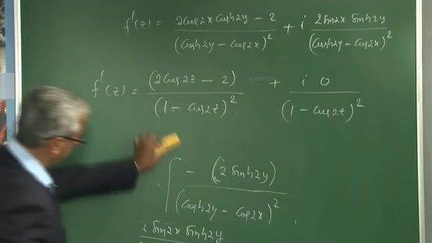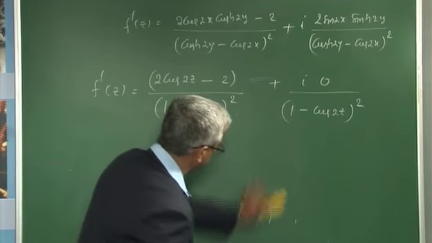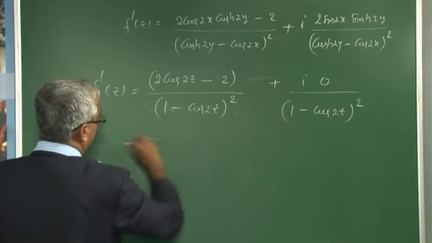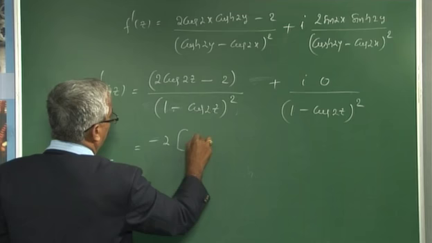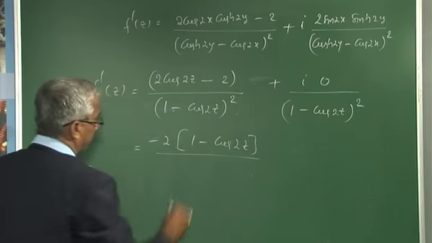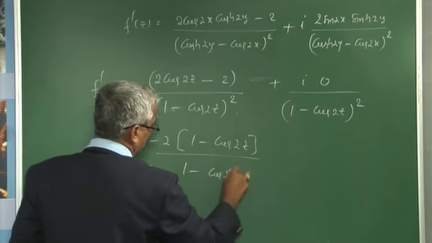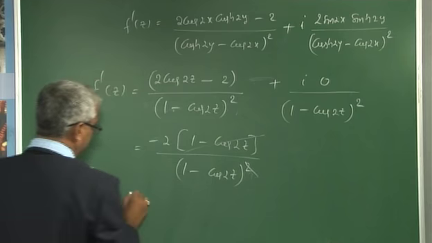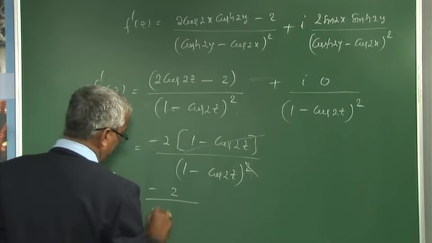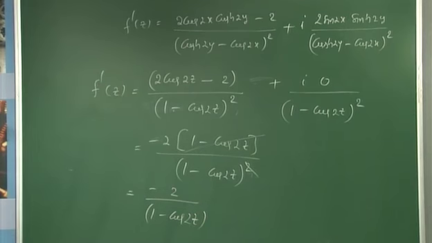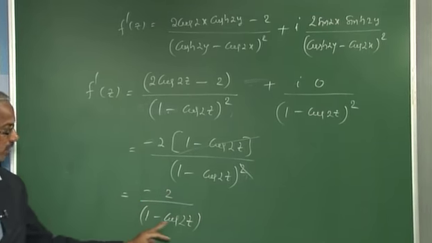Therefore, f dash z is equal to this term. I can take minus 2 as a common factor: 1 minus cos 2z divided by 1 minus cos 2z whole squared. So this square and this get cancelled, giving minus 2 divided by 1 minus cos 2z.